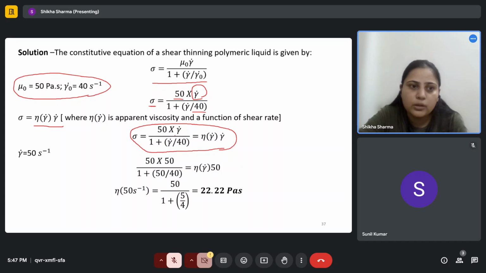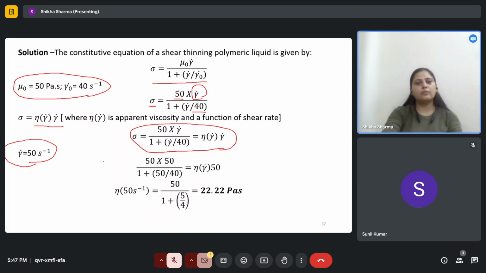At 50 second inverse shear rate we can calculate the apparent viscosity, which is 50 into 50 divided by 1 plus 50 by 40, which is equal to apparent viscosity into 50, which is the shear rate.